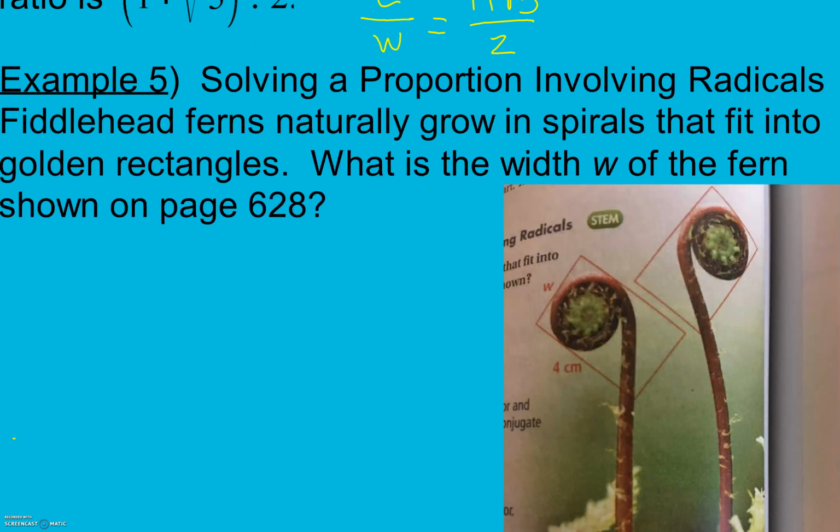So we're going to start off with the fact that the ratio of length to width is 1 plus the square root of 5 to 2. Okay, that's the ratio of our length to our width. And if we look here, our picture tells us our length is 4, so I'm going to plug that in for length.